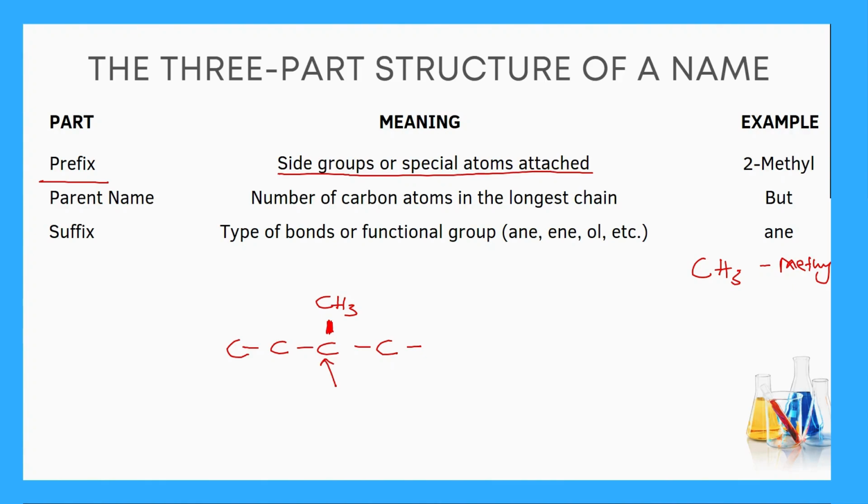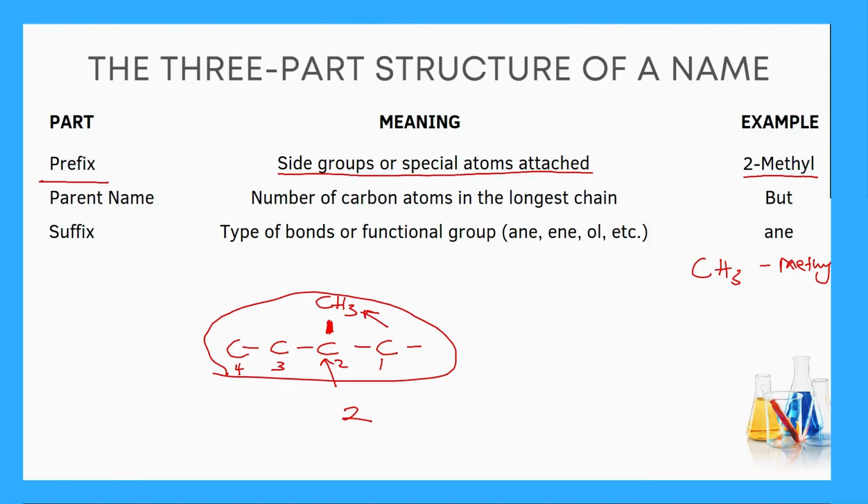When we want to name this compound, the first thing that we will do is to identify the longest chain. How do we identify the longest chain? We can start counting from here: 1, 2, 3, and 4. That tells us that this substituent is on carbon number 2, which is why the name here is identified as 2-methyl.